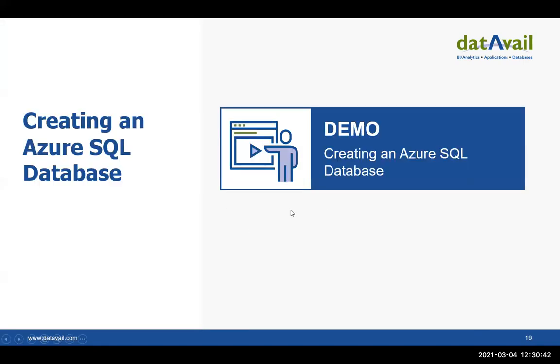So this demo I'm talking about is creating an Azure SQL database. In the Azure portal, I'm going to click on SQL Database, hit create. The first thing I recommend everyone do is create a new resource group.